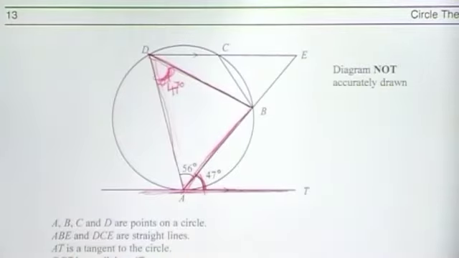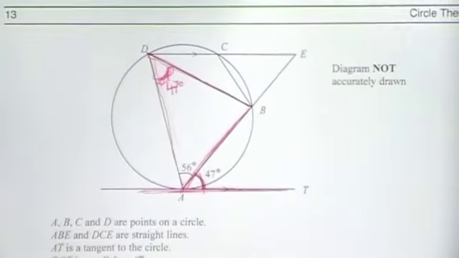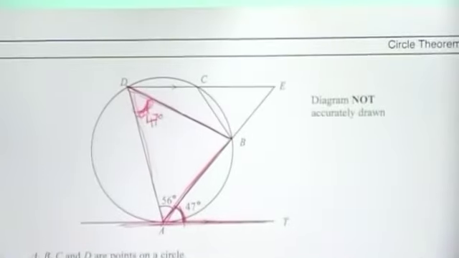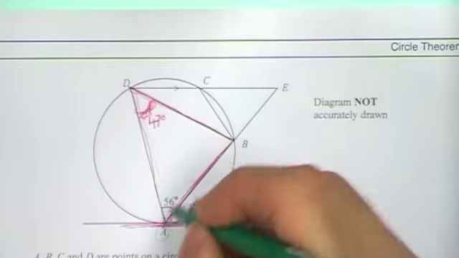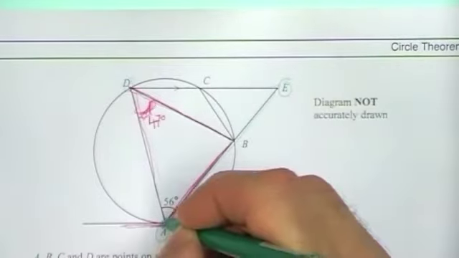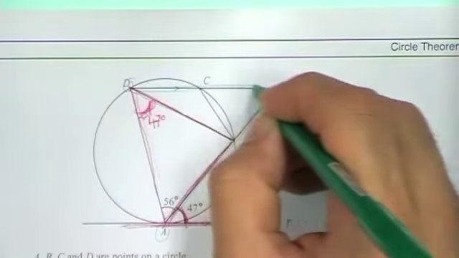Let's read the question now, see what we're expected to find. Find the size of angle AED. AED. So that's A up to E and across to D. So that's this angle here.